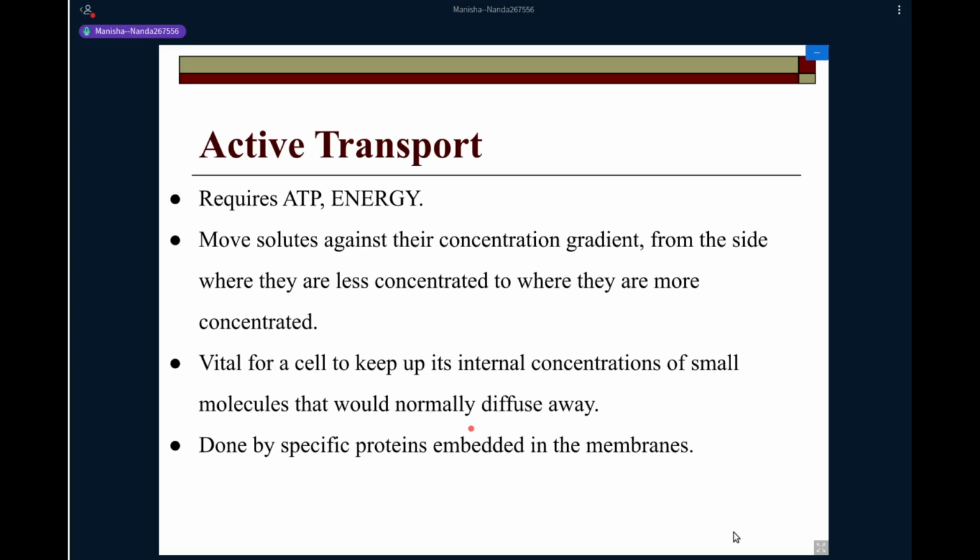And due to that, they have a tendency to diffuse to the other side. But if some of these molecules diffuse away, it leads to a number of disturbances inside the cell.